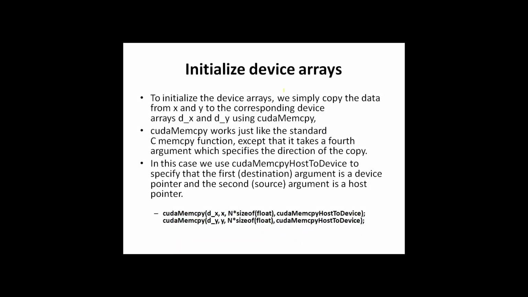Similarly, for the device arrays, we have done the initialization using cudaMemcpy, right? We have seen its details. It is a standard C memory copy function. So initializing the device arrays is done by copying the data from host to the device, n number of bytes, and cudaMemcpyHostToDevice, that is the direction.